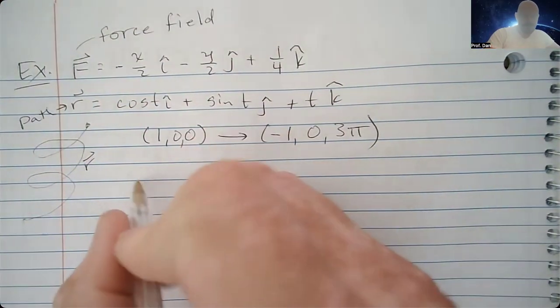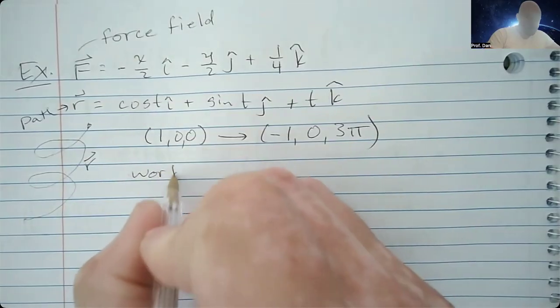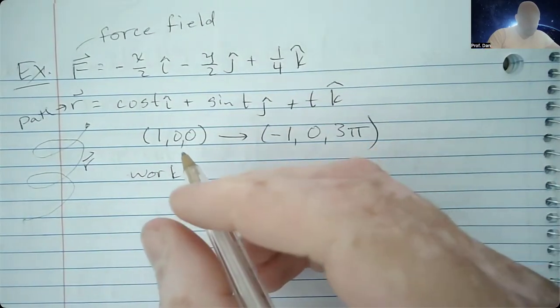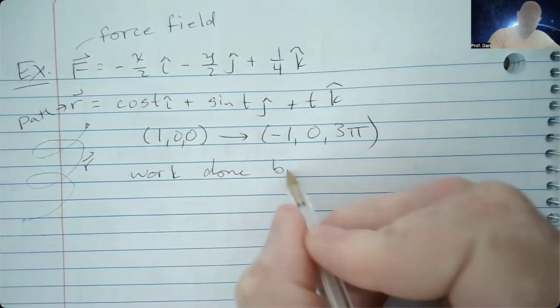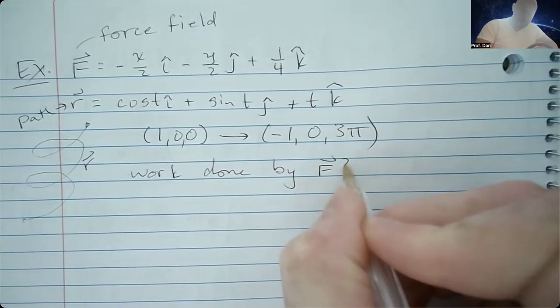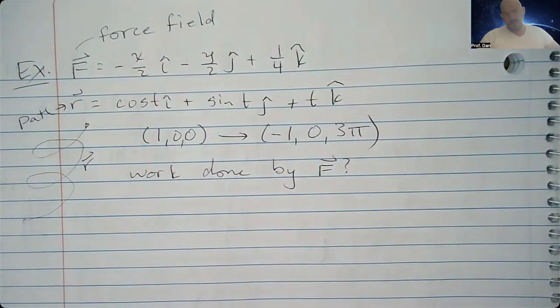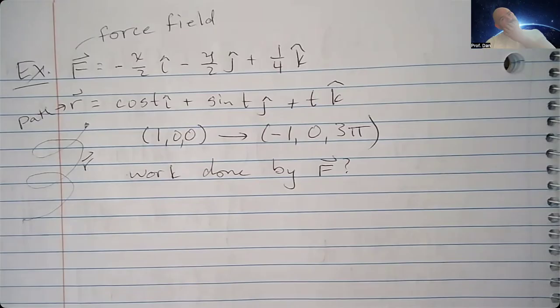So we want to know the amount of work done by the force field. All right, so one thing that I want to remind y'all of is that work is the integral of force.